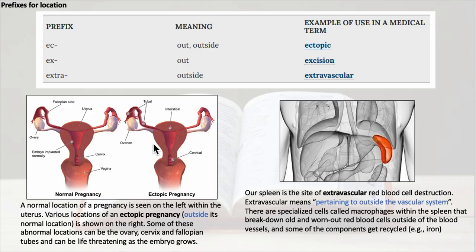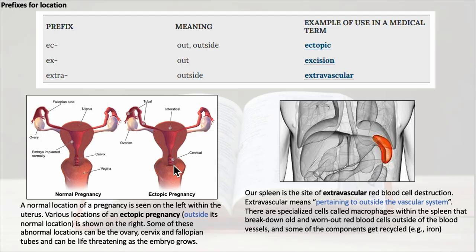And so what happens in an ectopic pregnancy, shown on the right here, is that the fertilized egg actually implants outside of the uterus. So this can happen in the fallopian tube, we can see here that in this case, the egg has implanted into the interstitial space here of essentially the lining or wall of the uterus.